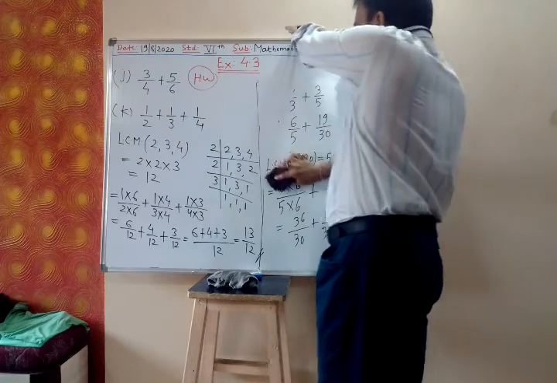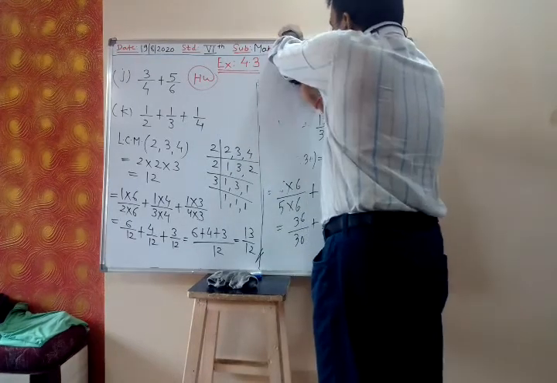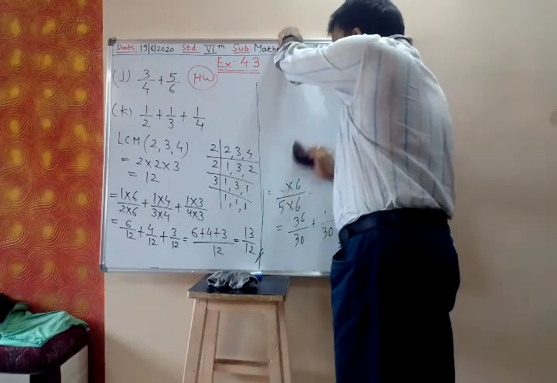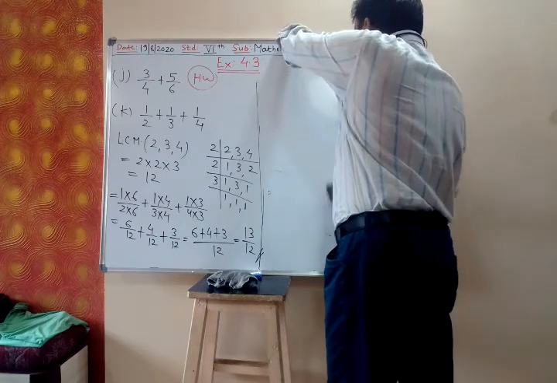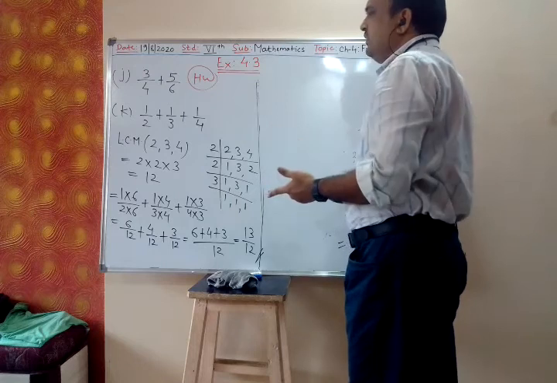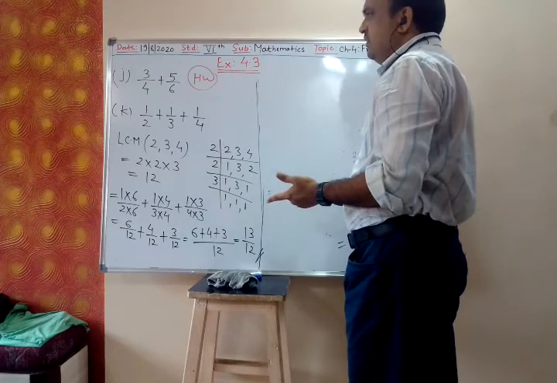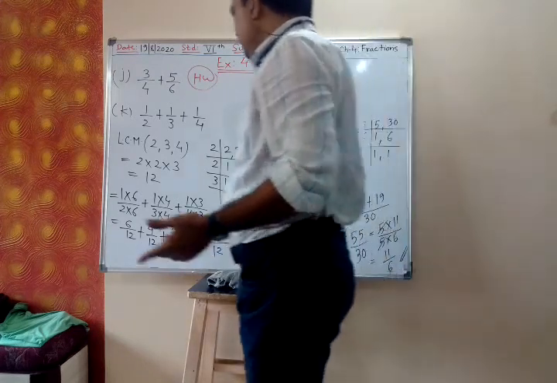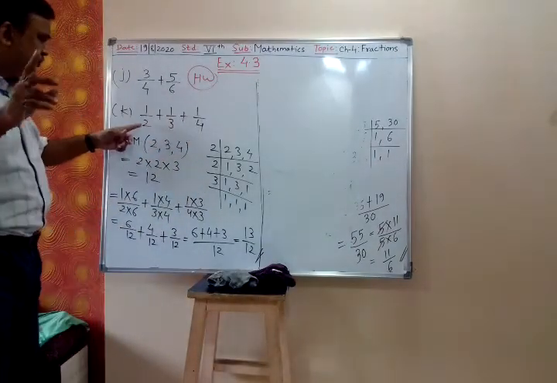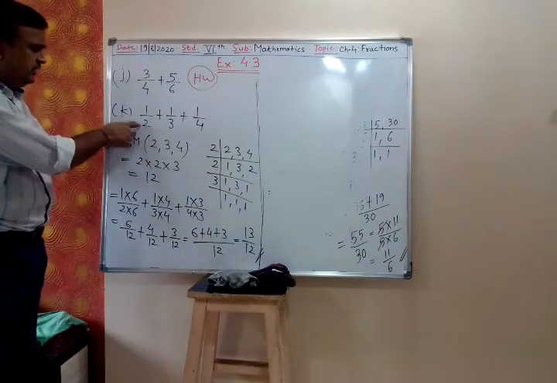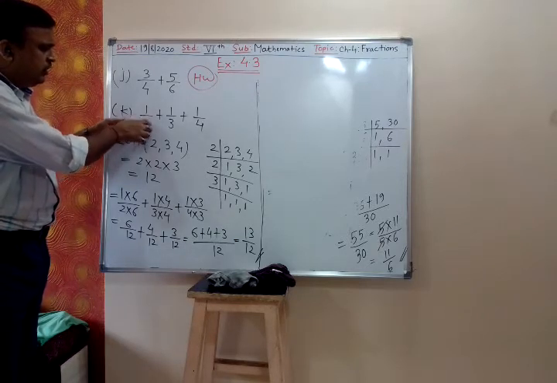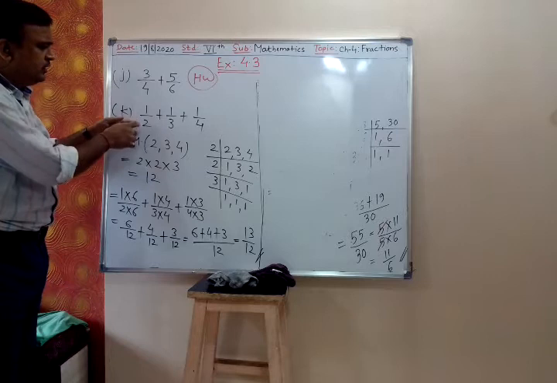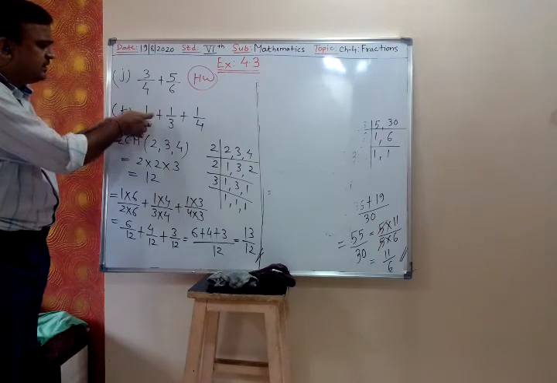Yes, ask the doubt. Where I have taken, see, this is 2. Denominator is 2. We want denominator 12, so you have to multiply 2 by 6.